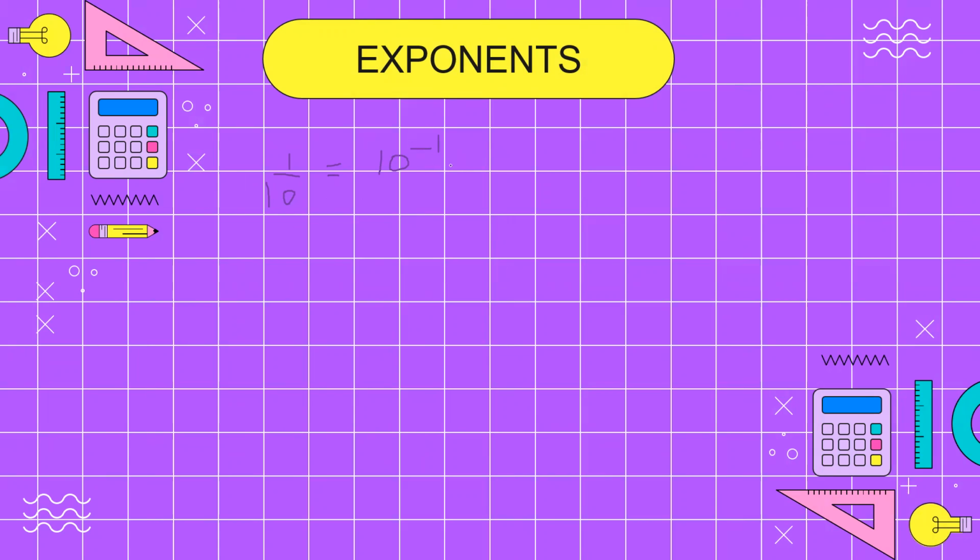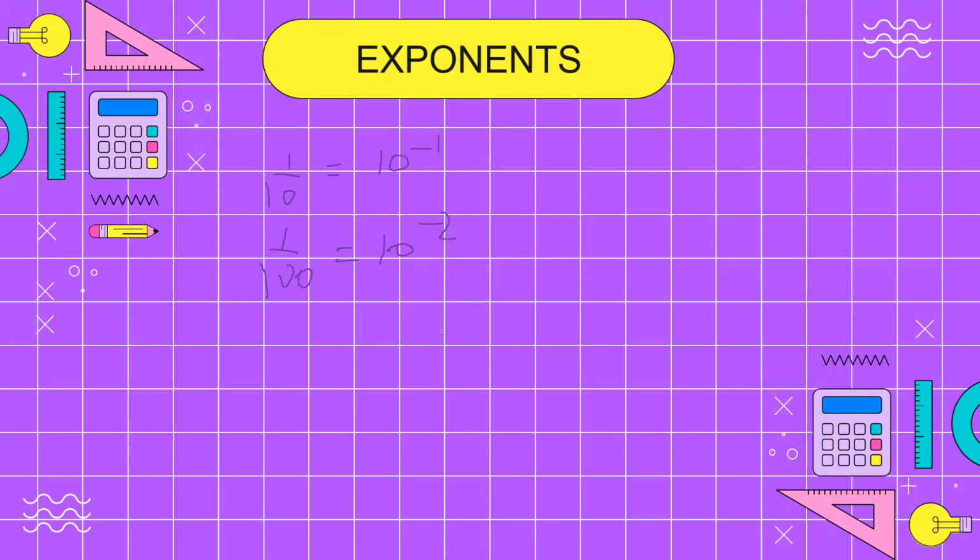It will be 10 raised to power minus 1. In the same way, if it is 1 upon 100, you can write it as 10 raised to power minus 2, because 10 raised to power minus 2 will be again 1 upon 100. So this is how we can represent a number in exponential form.